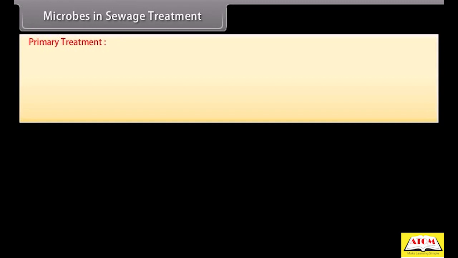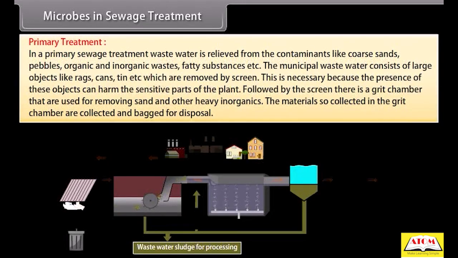Primary treatment. In primary sewage treatment, wastewater is relieved from contaminants like coarse sands, pebbles, organic and inorganic wastes, fatty substances, etc. The municipal waste water consists of large objects like rags, cans, tin, etc., which are removed by a screen.